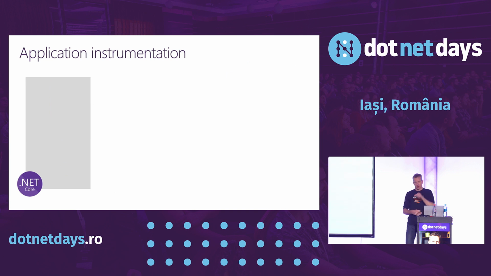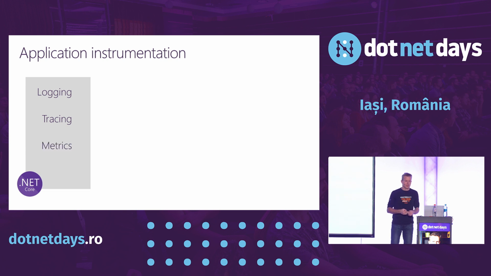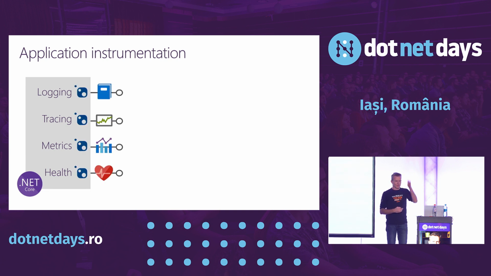So let's have a look. So we take the top square, we zoom in, and then we get all these things, like the logging, the tracing we want to get in, we want to get the metrics in, and finally we talk about some health information from your application. And you will need a certain set of NuGet packages. Most of them are included by default, but you might need some additional ones.